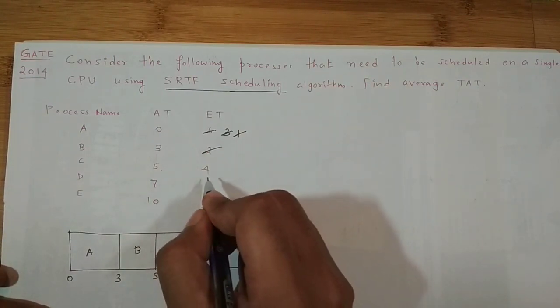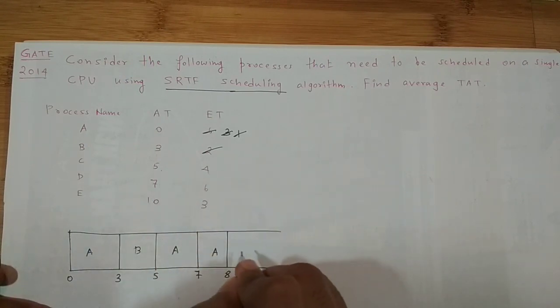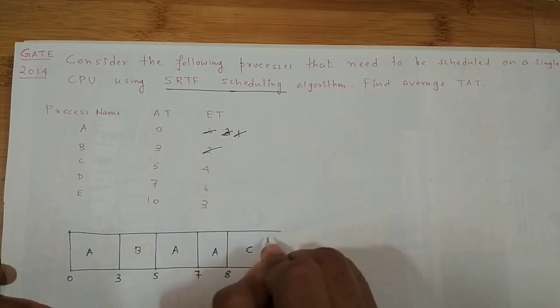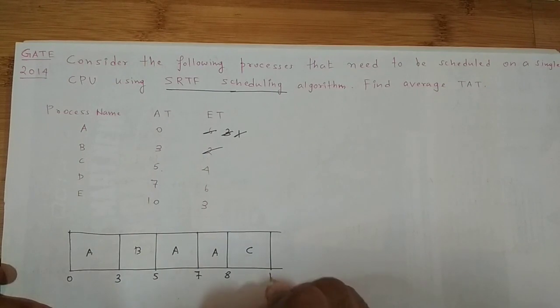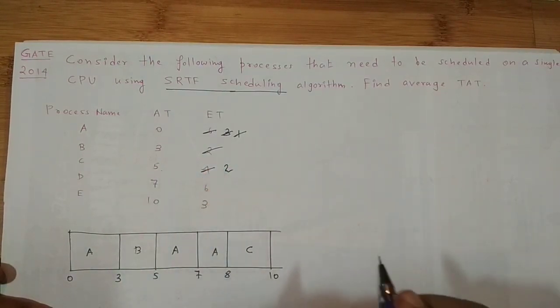Let me see what is the next time at which a new process would arrive. At time 10. So let me run process C for 2 units and then see what happens. Process C gets scheduled for 2 units and we have time 10 here. Process C is now left with 2 more units of burst time.